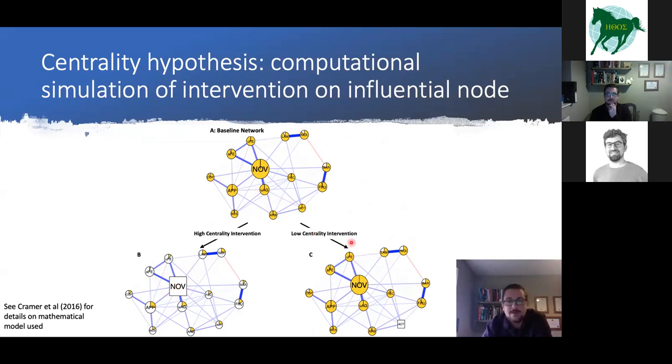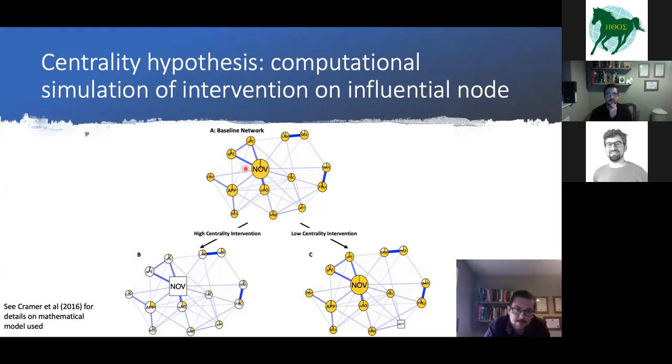In the low centrality intervention, we intervened at a not very influential node, this kennel activity node down here. We set that to 0, completely improving a dog's activity level in the kennel to a much more acceptable level. In this graph, the yellow pie charts that fill each node represent the probability that that node is active. In the high centrality intervention, you can see that there's a huge difference between this network and this network.